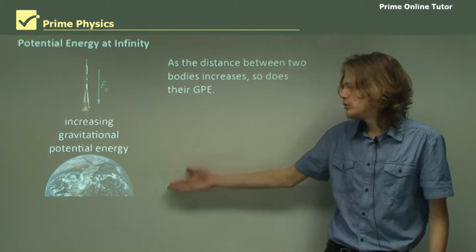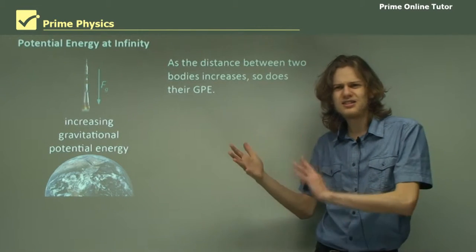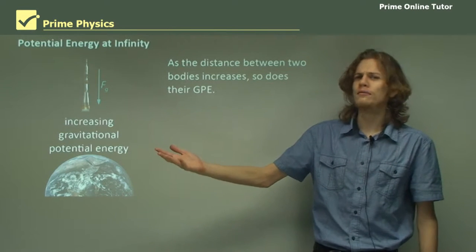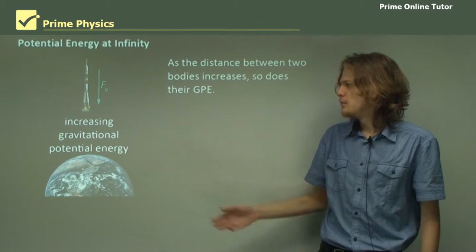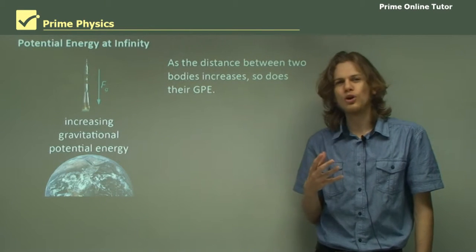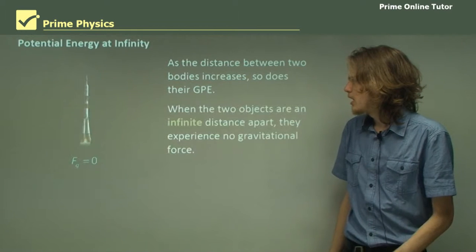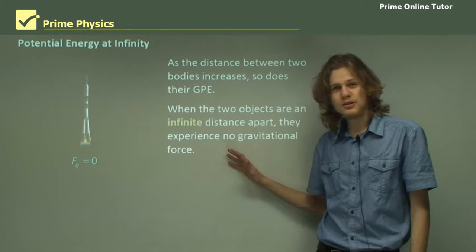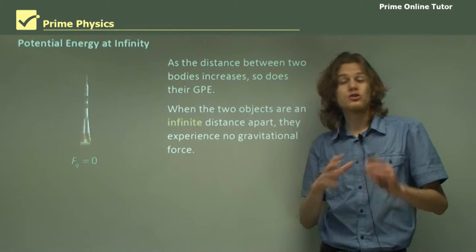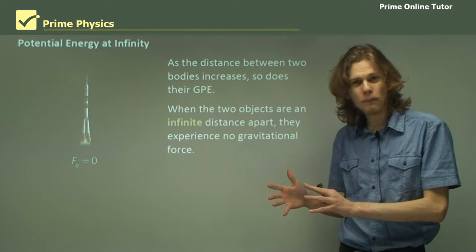So as a rocket launches from the Earth, the force on it will decrease less and less as it travels out to Jupiter or wherever it's going. But the gravitational potential energy will still be increasing, just more and more slowly as you get further out. And in fact, when we reach an infinite distance, that means that we're so far away from the object that we're not feeling any gravitational force at all.